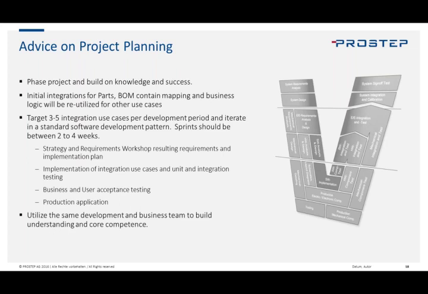Develop these, implement the use cases, run the unit and integration testing, so development type testing, process it through business and user acceptance testing, and then put it out into production. Once it's in production, you'll see that there are possibly defects. You can resolve those defects in the next 2 to 4 week sprints, and have some analysis and continuous improvement from there.